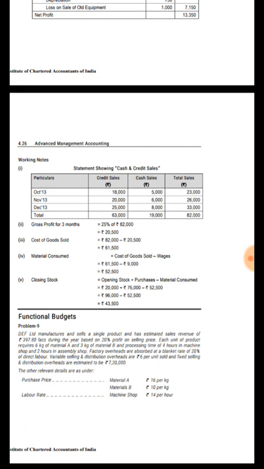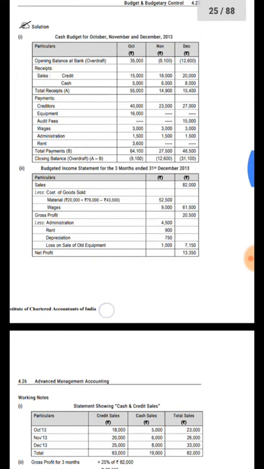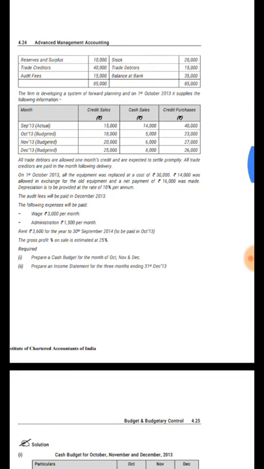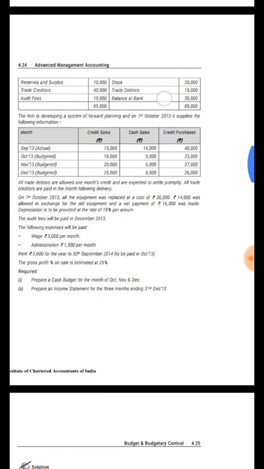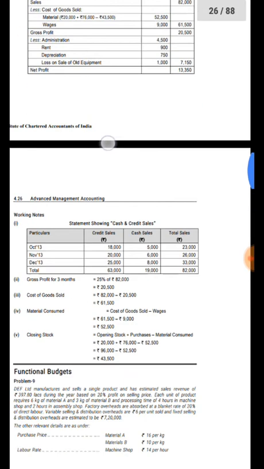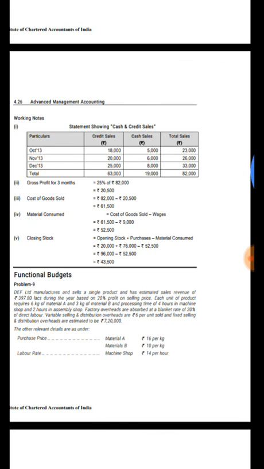So 61,500 minus 9,000, 52,500 is the material consumed. Then closing stock is also required. So opening stock plus purchases minus material consumed. Opening stock how much? 20,000 given here. Obviously opening whatever is there plus how much you are going to purchase, minus how much you have consumed, the remaining thing will be closing stock only.